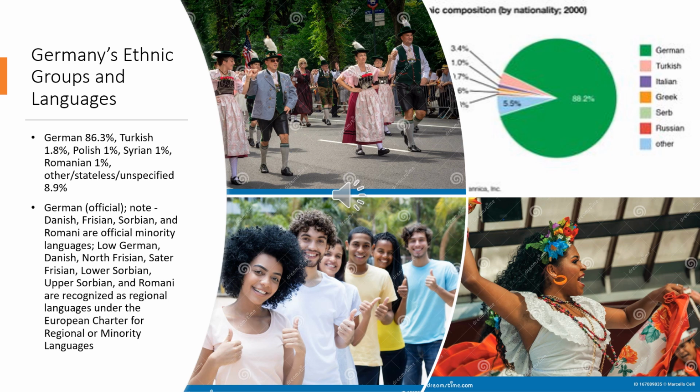Then you have another percentage of people which is Turkish, Polish, Syrian, Romanian, and other Danish, Serbian, these countries that have migrated into Germany, and pretty much Germany has about five, maybe six, possibly seven different languages that are spoken within that country.